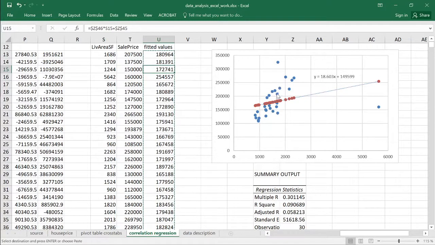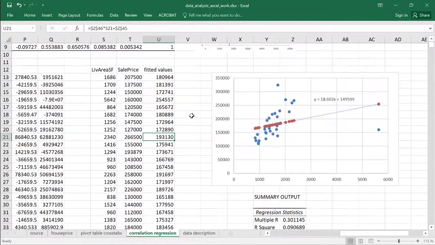And this average price is not only a local average conditional on the living area for each and every value, it is also kind of an average that summarizes all the data in that sample.